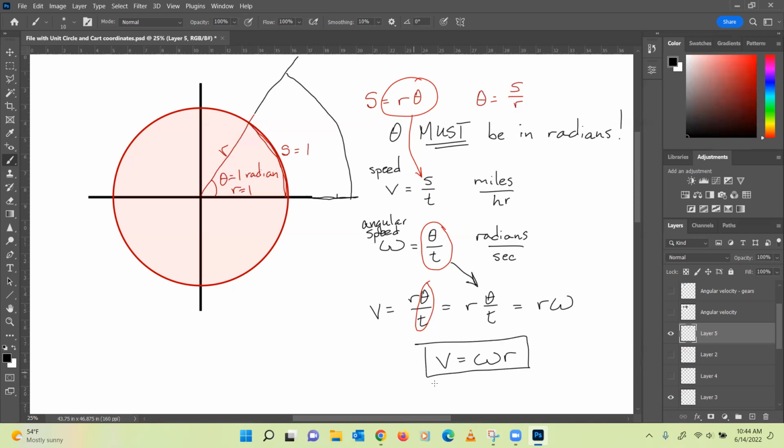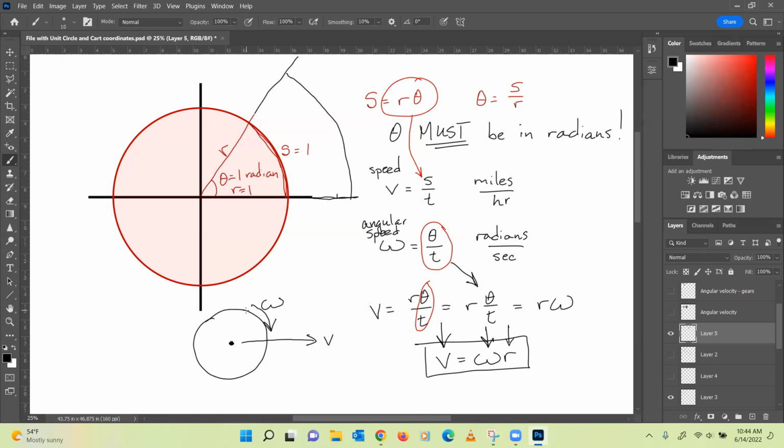So your linear speed equals your angular speed times the radius. And that can be really useful for us. Think of it this way. If you've got a wheel and you want to go forward at a particular speed, how fast does that wheel have to turn to give you that forward speed?